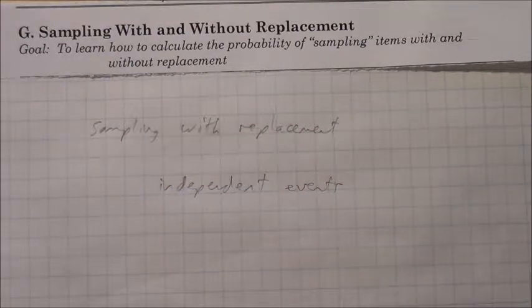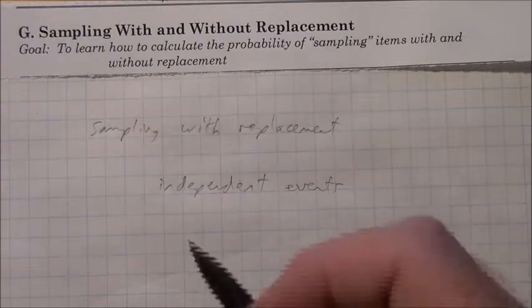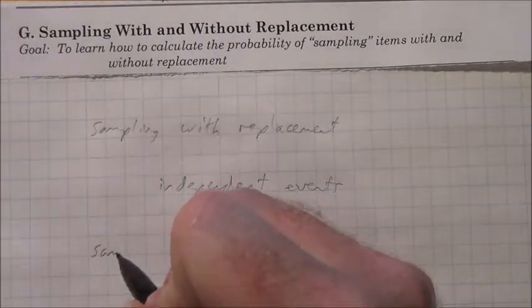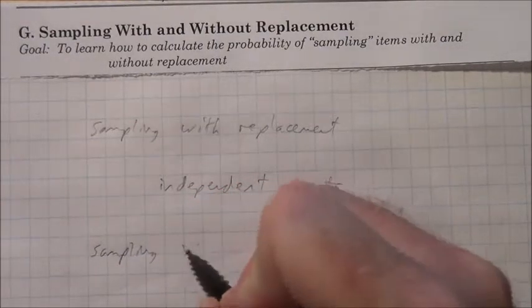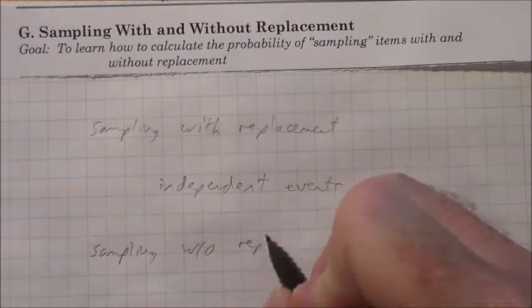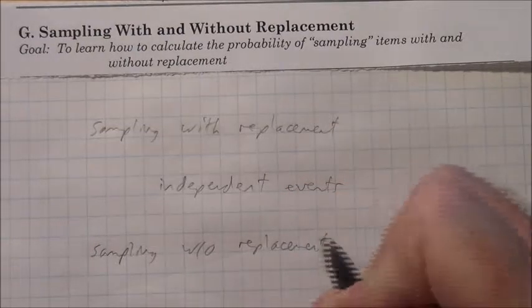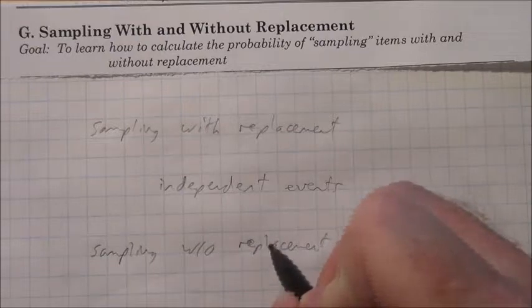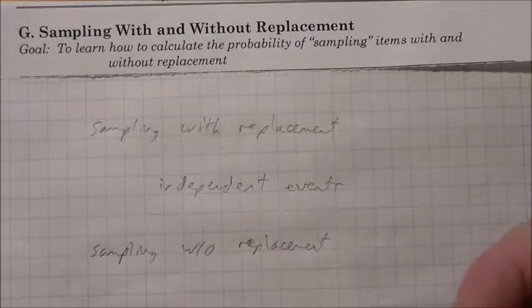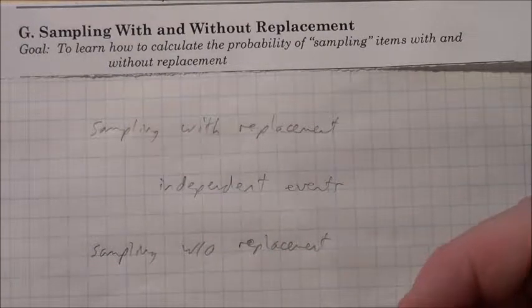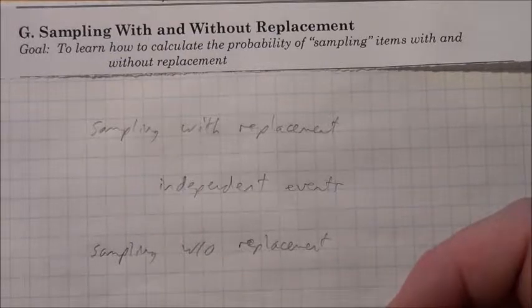If we then decide to do a sample without replacement, then by virtue of removing one item, we have decreased the total number of items that we're going to draw from.